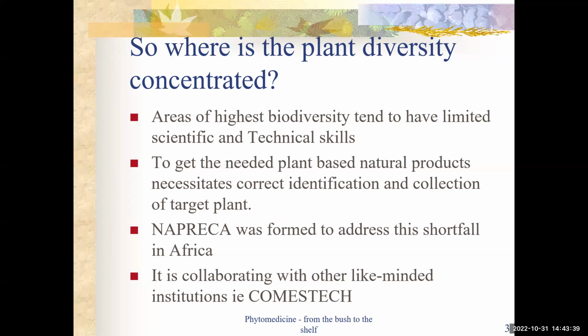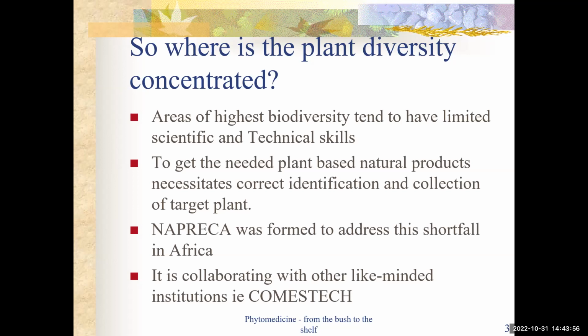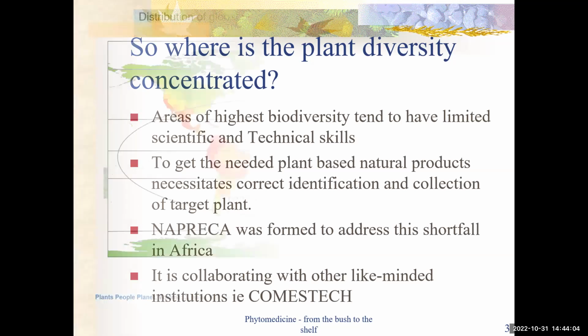Now, this year, we are beginning to collaborate with COMSTECH, and we want this to continue, because we cannot have ourselves in cocoons. If you live in a cocoon, you don't know what is happening elsewhere. So we need collaboration, serious collaboration, in order to be able to look at our resources.